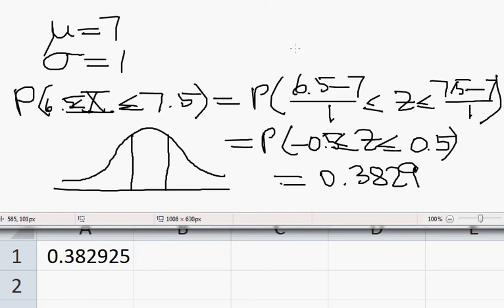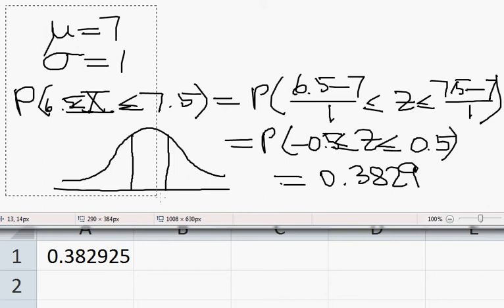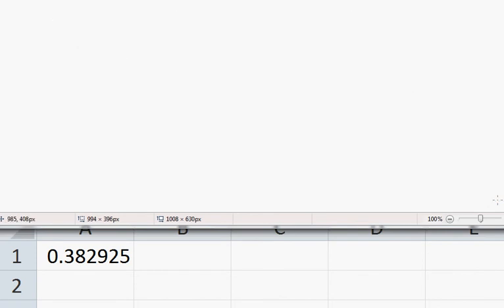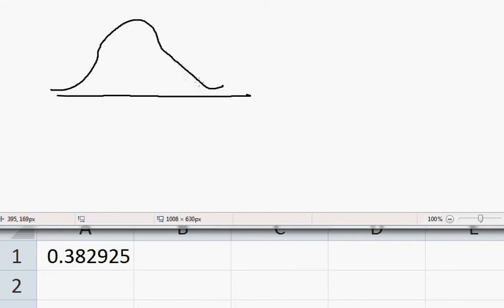So that's part A. To do part B, the question is 99% of the men will have heights between blank and blank. So to do this, this time the percentage is given, and what's given is that the area in the middle, from here to here, say, is 99%, and the question is what's the value of z that goes with it.